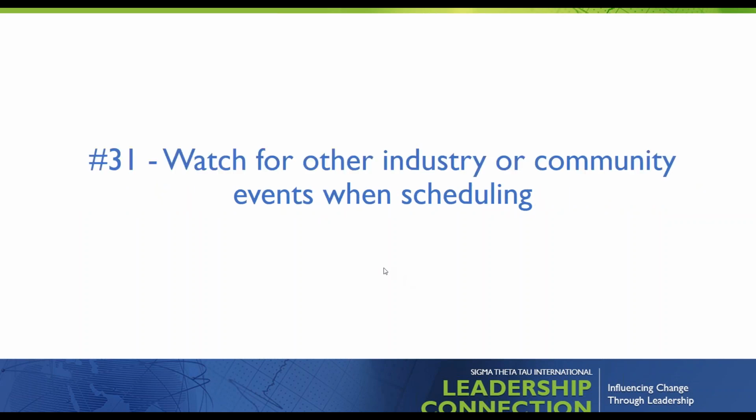One tip, if possible, watch for other industry or community events when you're scheduling. One good example: we have our biennial convention coming up at the end of October into November. So don't plan a chapter event for that same weekend because you may have a large section of your membership who plans on attending convention.